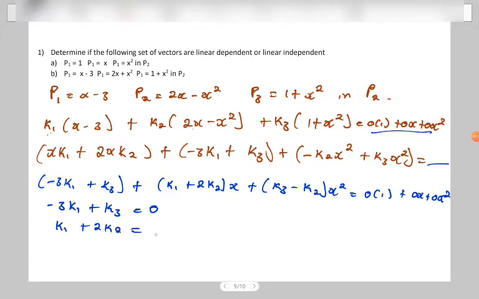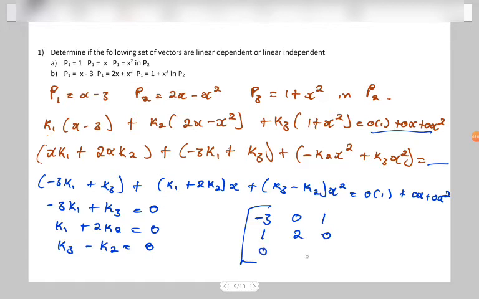So you can set up a matrix, or a system of equations, using this. Remember that you can say this is the same as k1 times minus 3, 0 and 1, k2 times 1, 2 and 0, and k3 times 0, minus 1 and 1. This is a system of equations.